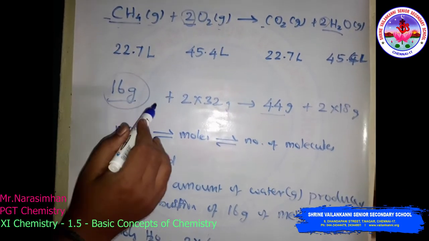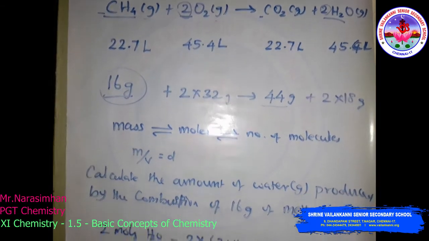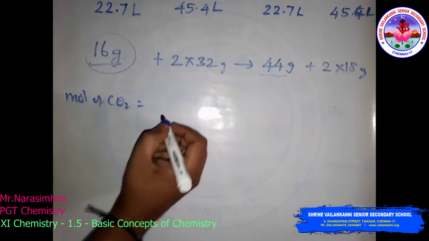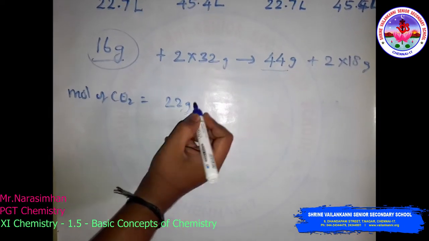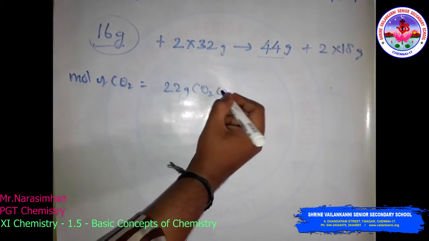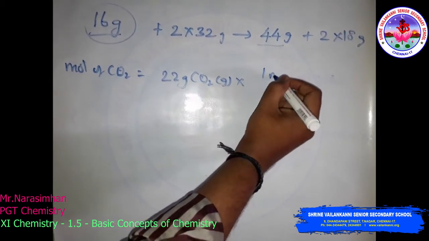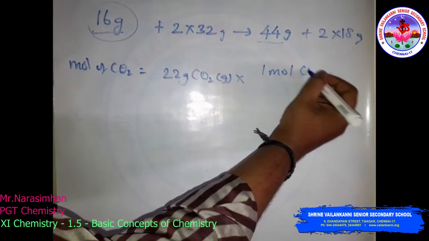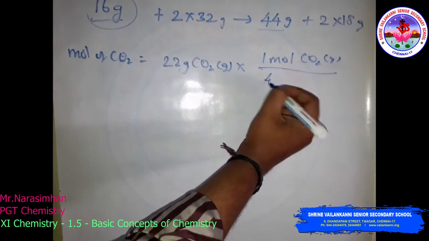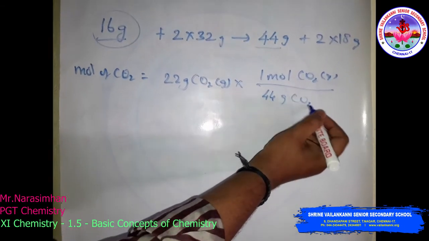So 22 gram of carbon dioxide, into 1 mole of carbon dioxide divided by 44 gram, that is 44 gram of carbon dioxide gas.